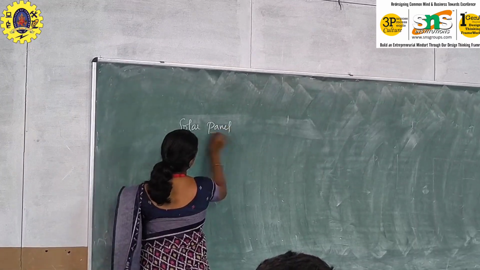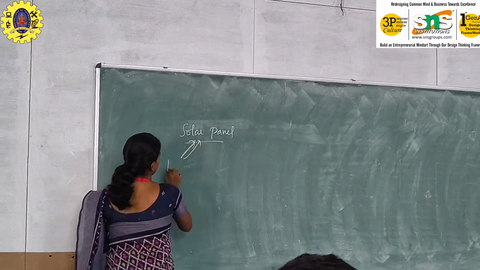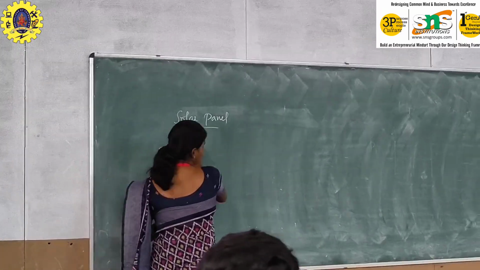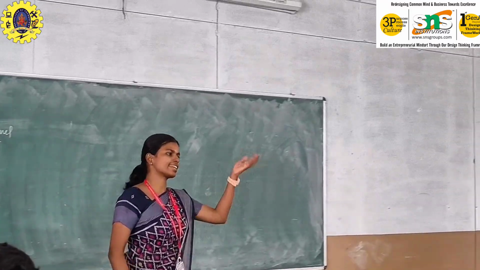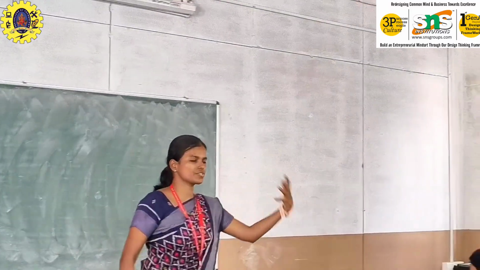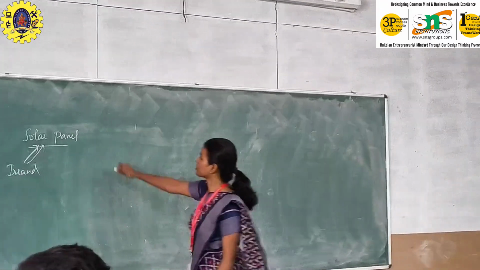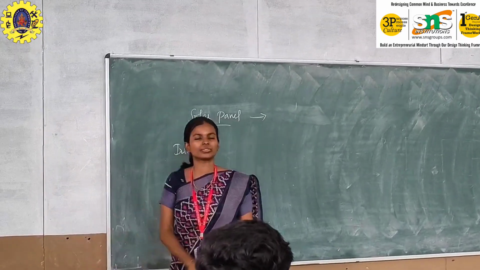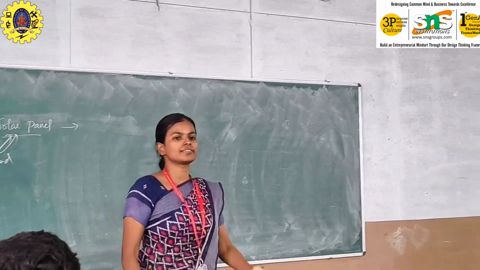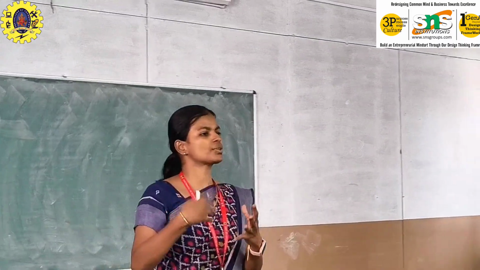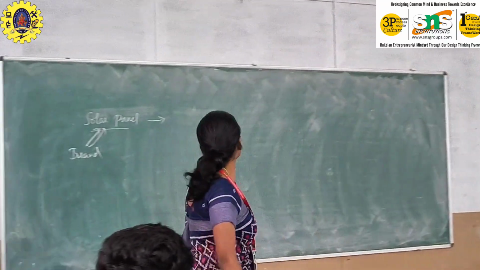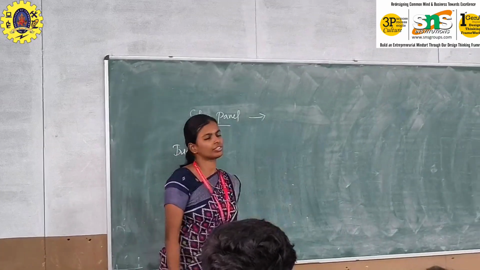From that, we obtain the irradiance. Irradiance is the radiation from the sun. So after that, that will give the supply.